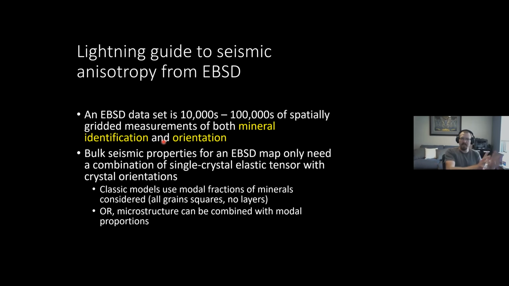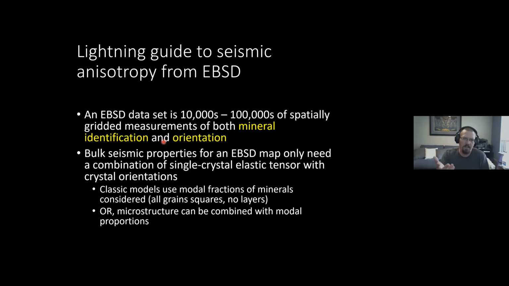The reason why EBSD is relevant, why you want to do this diffraction technique in situ on a polished sample, is because to get the seismic properties, you need to take the elastic properties of a perfect crystal in any orientation you want and align it with measured orientations of the minerals themselves in the real ductile structure. So you have to be able to measure the orientation of the minerals in the ductile structure in order to apply the theoretical elastic tensor to that, and then homogenize all of that up to meter scale, to kilometer scale, et cetera.